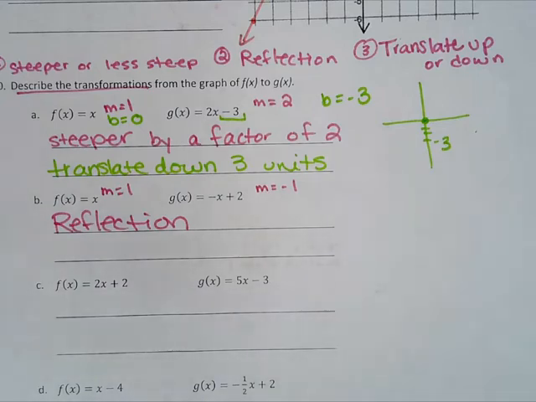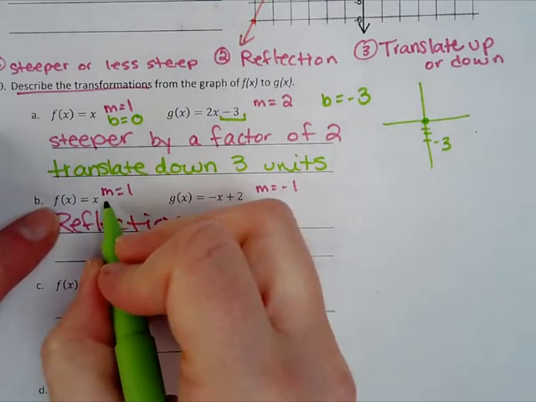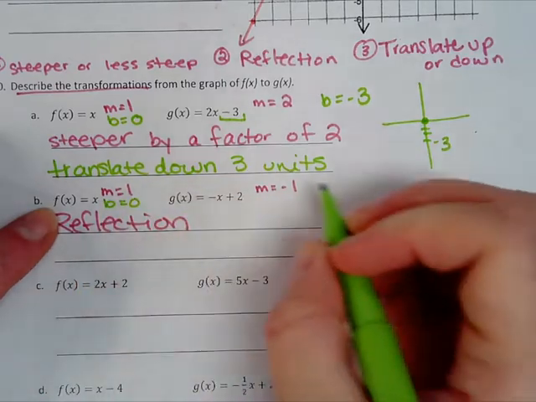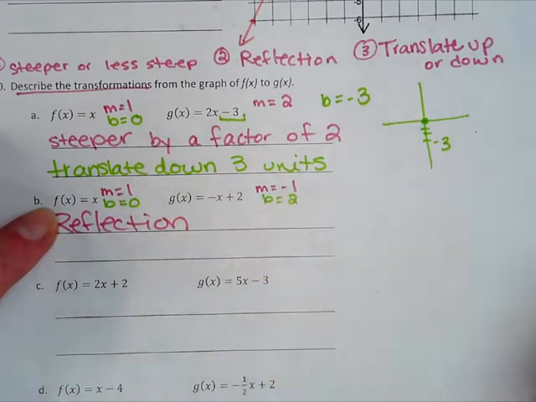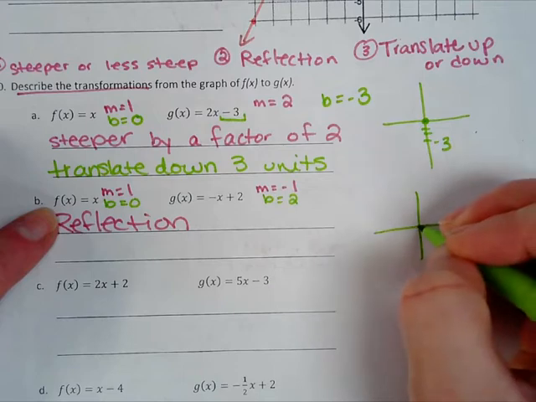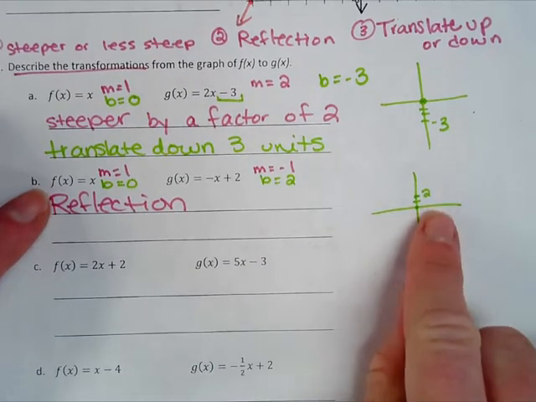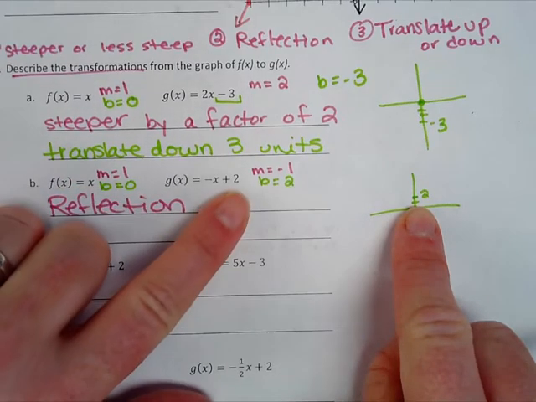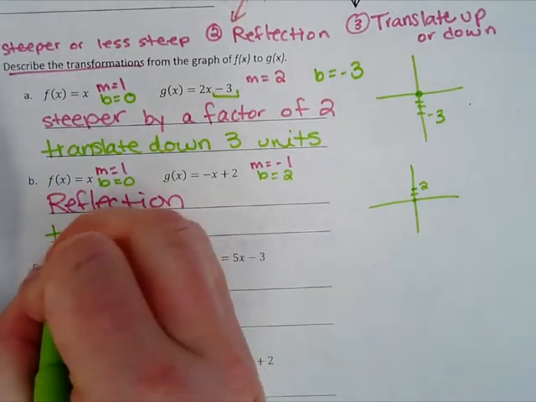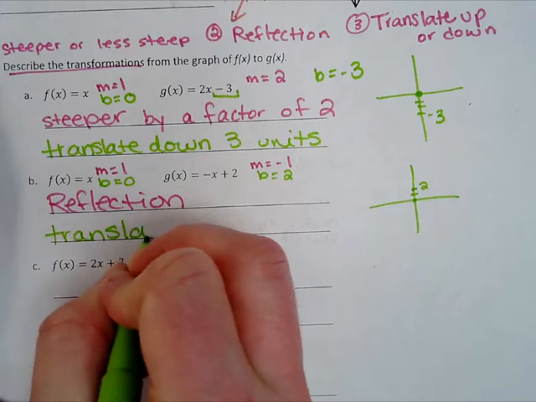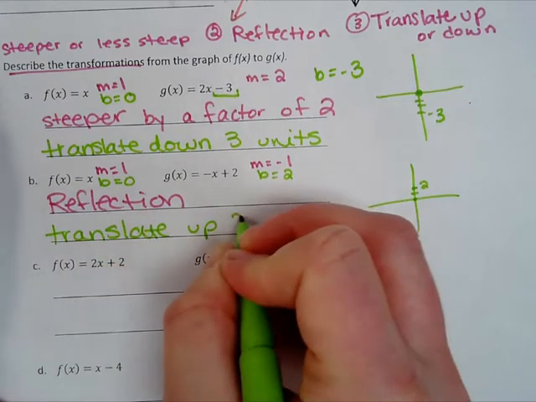Okay, and then this one, the y-intercept is at 0. The y-intercept on this one's +2. So translate up 2 units. Yep, because it's starting at 0 versus this one starting at 2. So translate up 2 units.